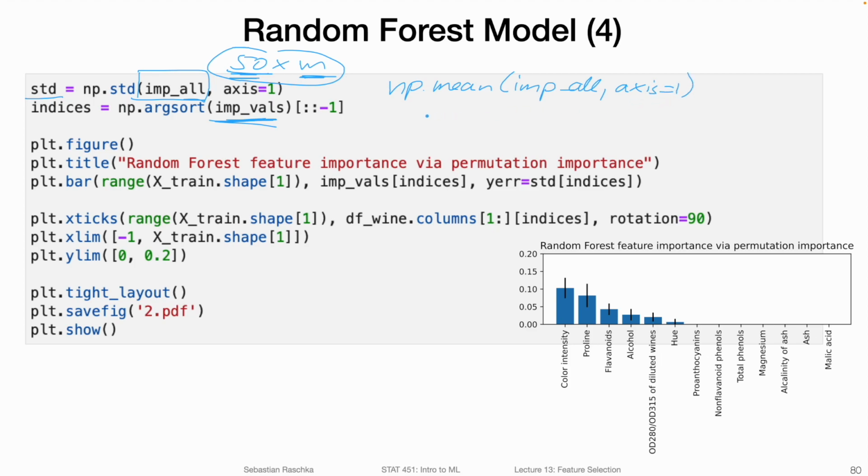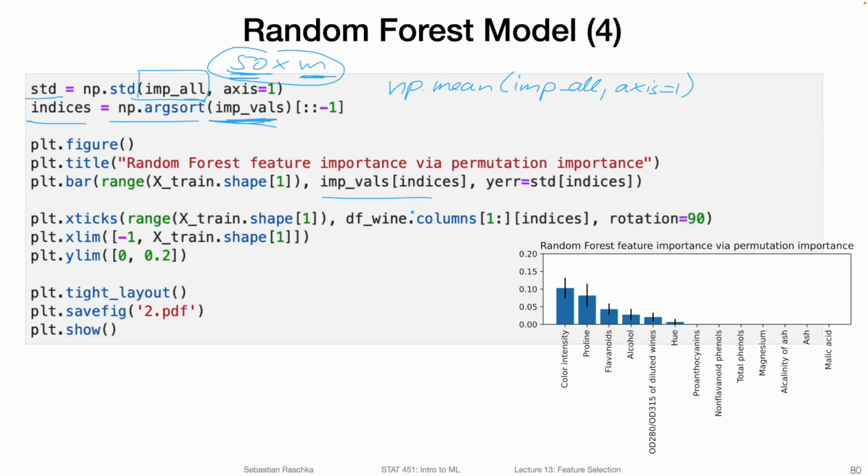It's already pre-computed in the function though. Then we are again using argsort to obtain the sort indices from largest to smallest. This is similar to what we have done previously for the impurity-based random forest feature importance. And then all the plotting code here is identical.